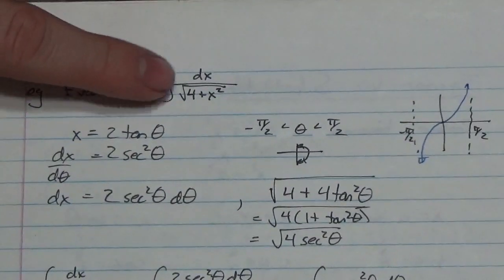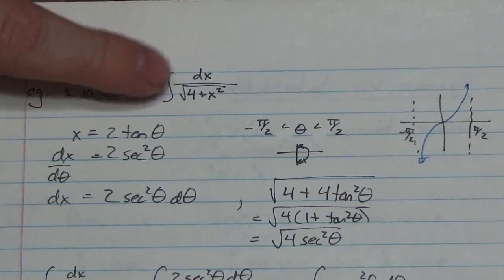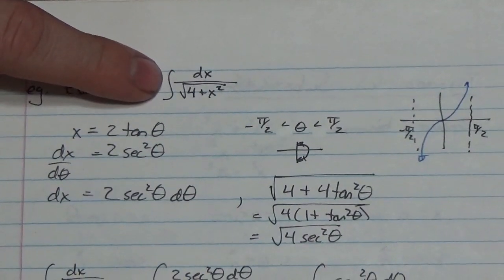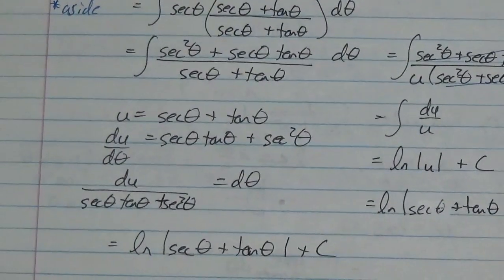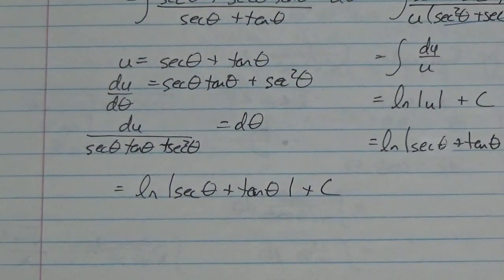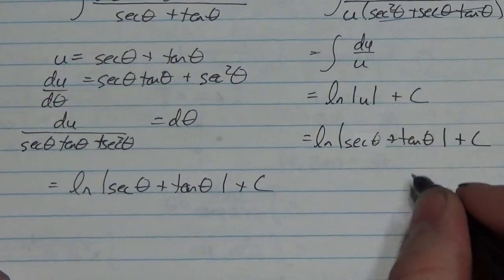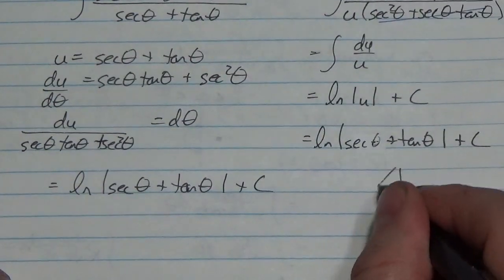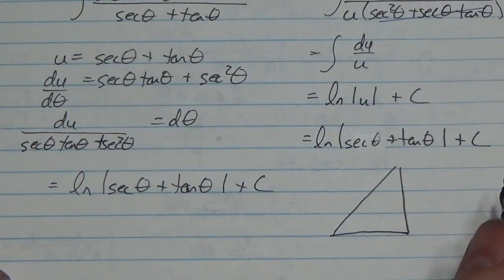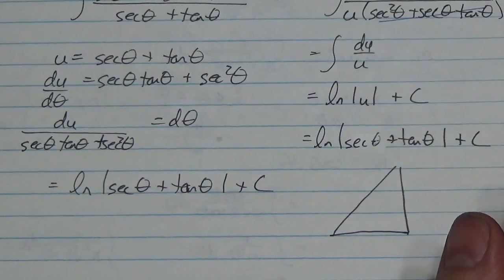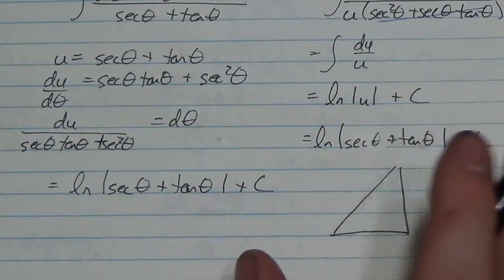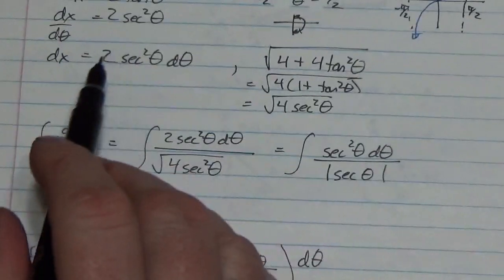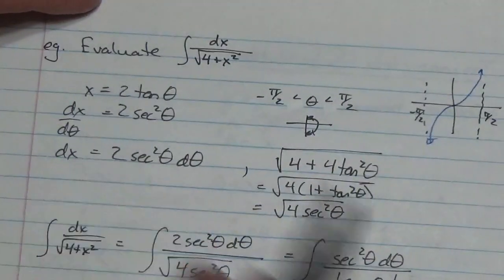If I slide way back up to the top, the independent variable in my problem is x. Based on the substitution that I did, I let x equal 2 times the tangent of theta. My mistake, sorry, I forgot about the 2 there.